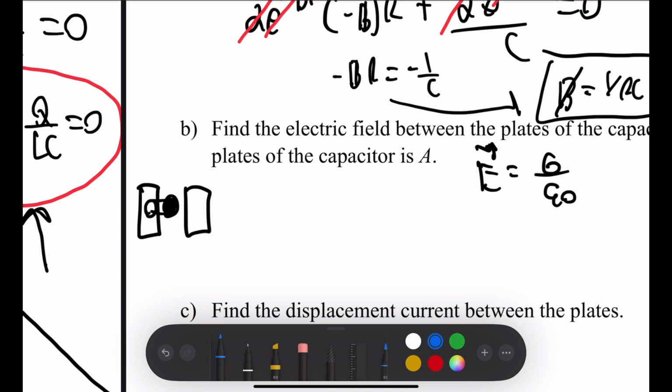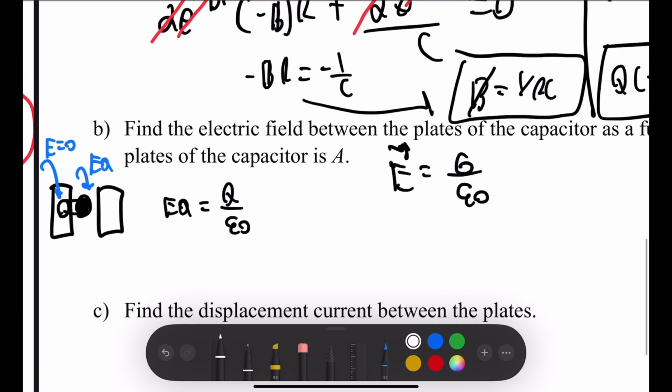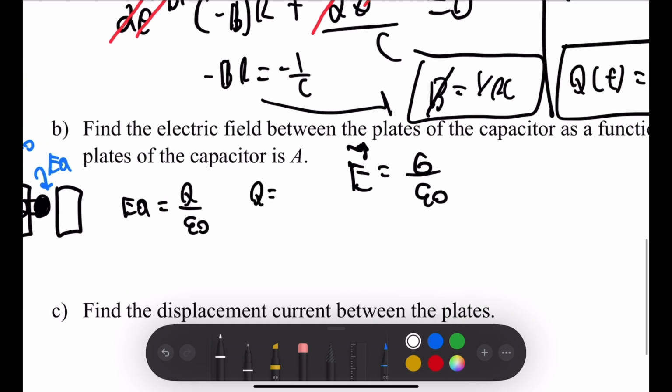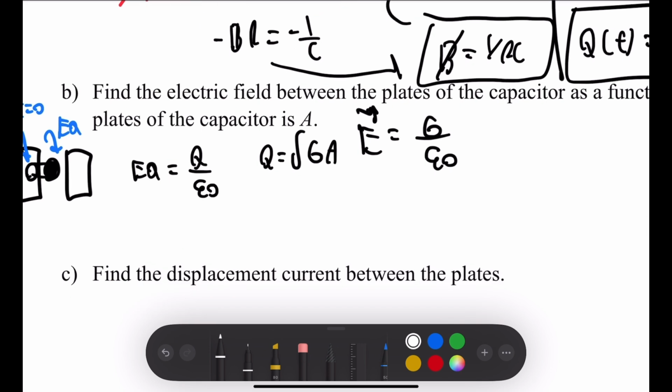It's a conducting plate, so the electric field here is going to be equal to 0. But here we're going to have EA. So we'll have EA is equal to Q over epsilon naught, using Gauss's law. But Q is the integral of sigma dA. So then I will get EA is equal to sigma times the area for that little cap, little a, over epsilon naught. So I get E is sigma over epsilon naught. That's how I get that.